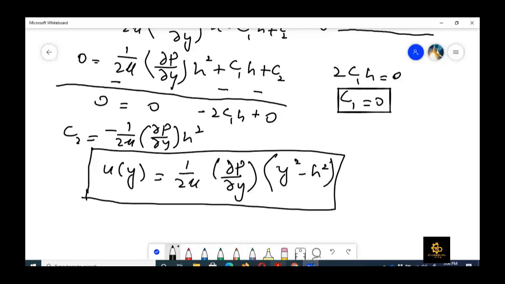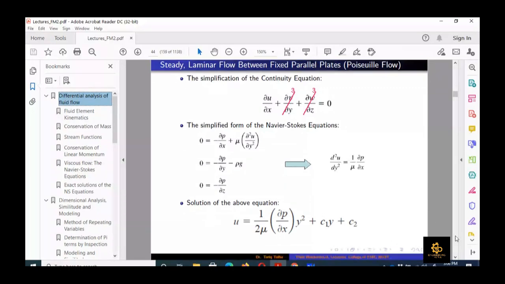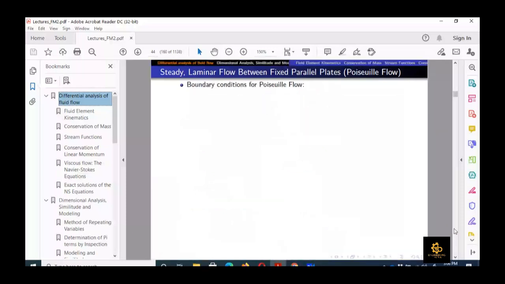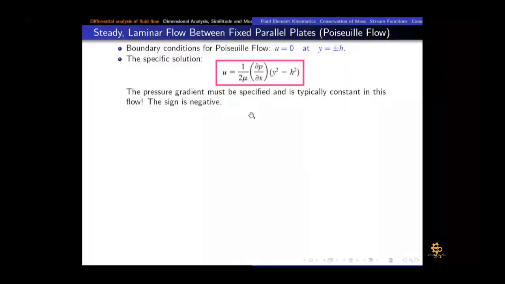We know what a linear equation is and what a quadratic equation is. This was the general solution; to get the specific solution, we need to apply the boundary conditions. I hope that is clear. So we have u equal to 1/2μ ∂p/∂x (y² minus h²), and now we have the value of u.